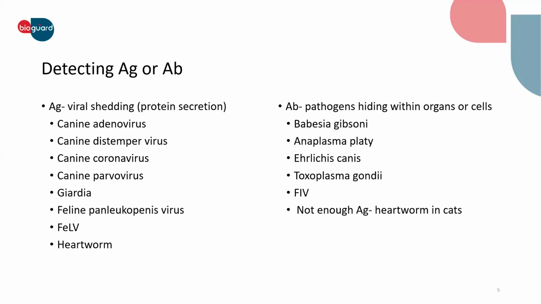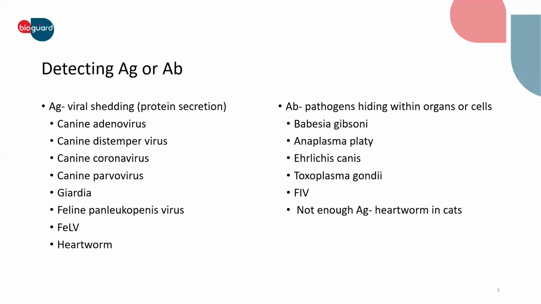For Giardia or FeLV, the test also detects a protein, like FeLV detecting the p27 protein, or the heartworm in dog, detecting the secreted protein from mature female heartworm. So those are easier to detect by antigen.